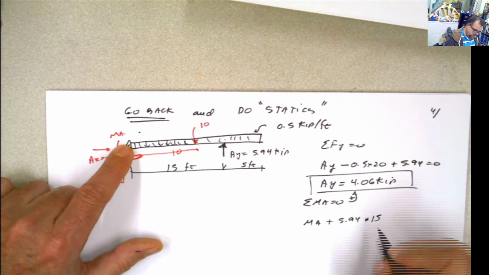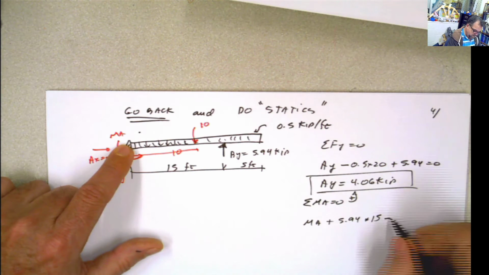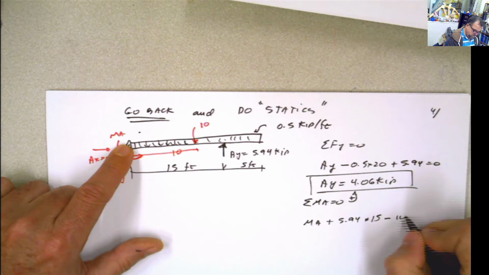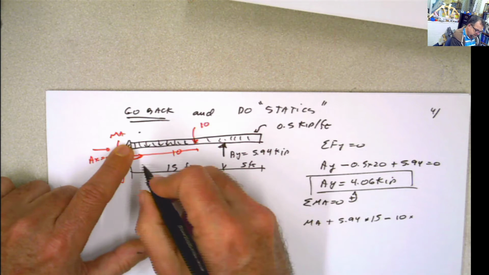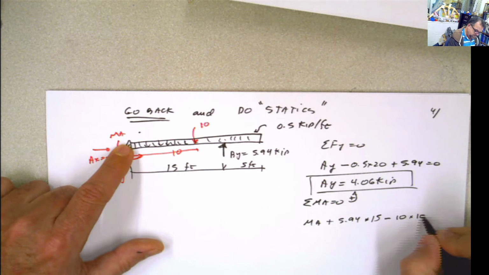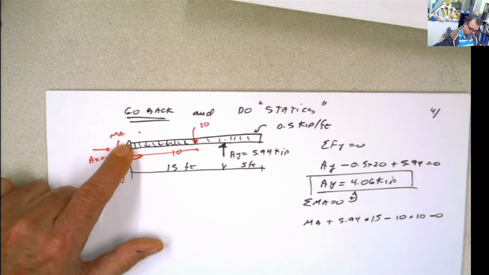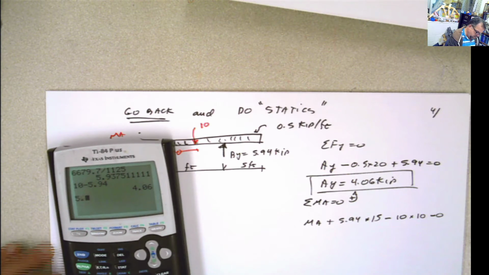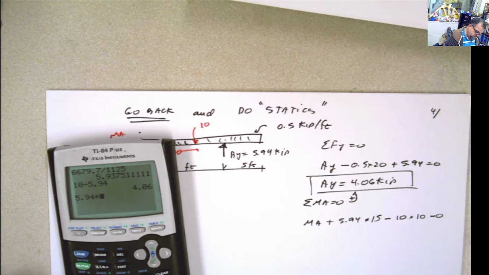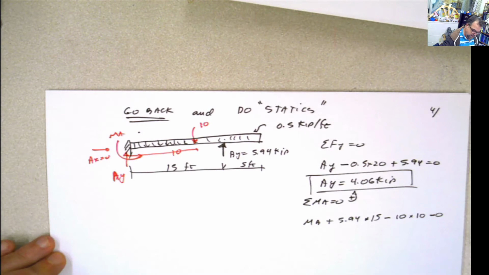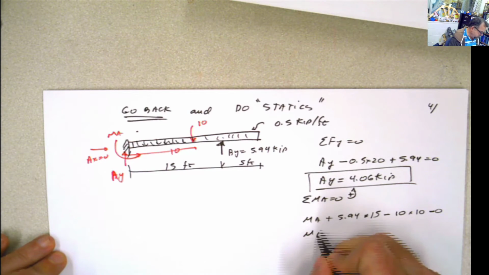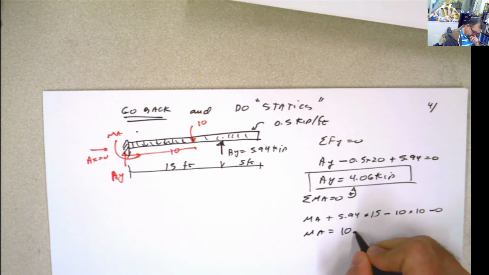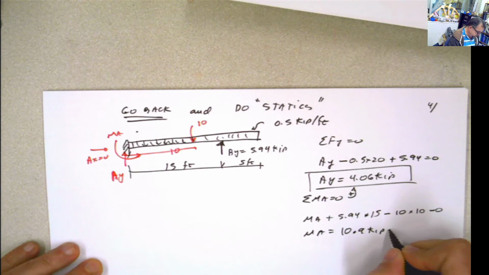So I'm going to have minus 10 force times 10 distance equals 0. And then you can solve for your moment: 5.94 times 15 minus 100. That's 10.9. MA equals 10.9 kip feet.